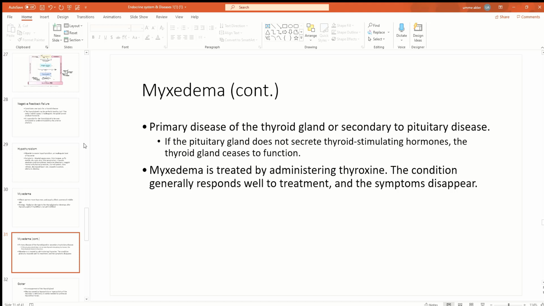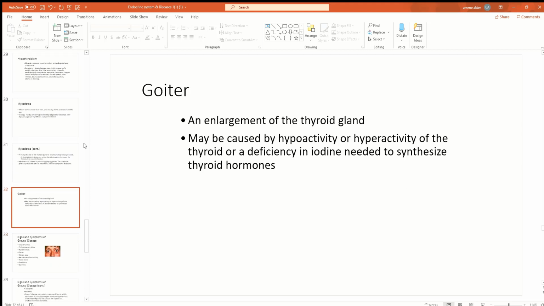So you can treat that patient by administering thyroxine, the hormone supplement from outside, and that will maintain the hormone level in the blood.